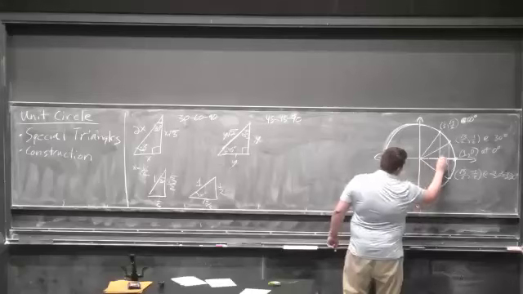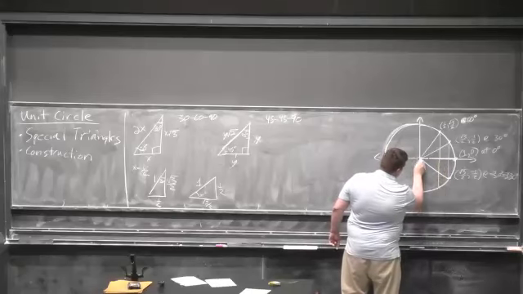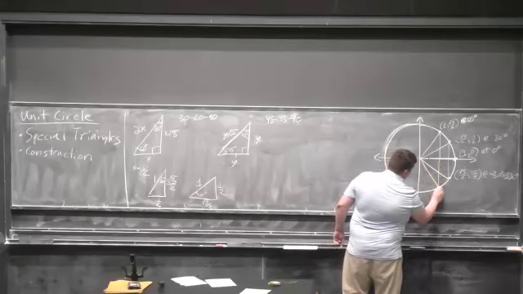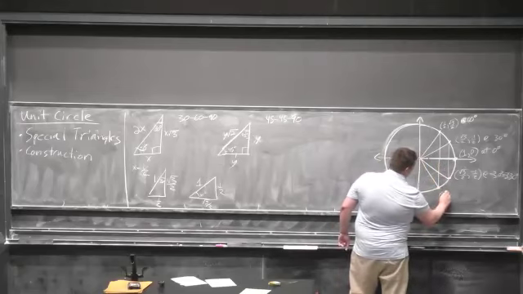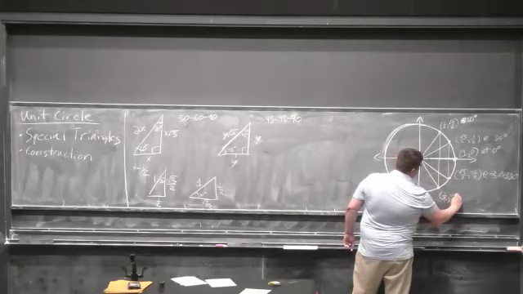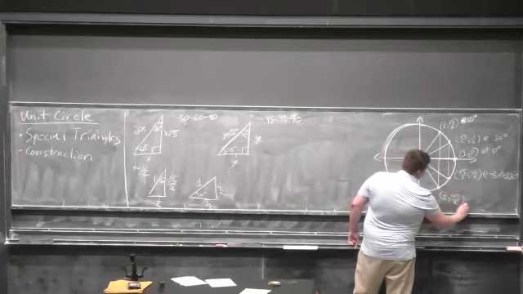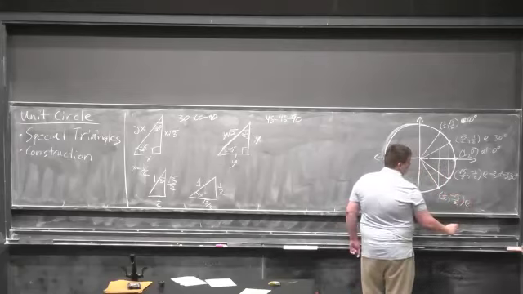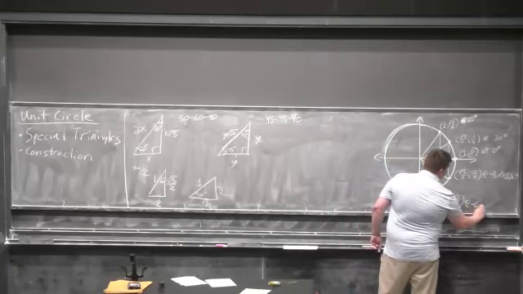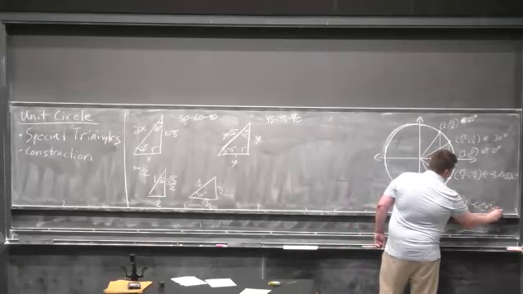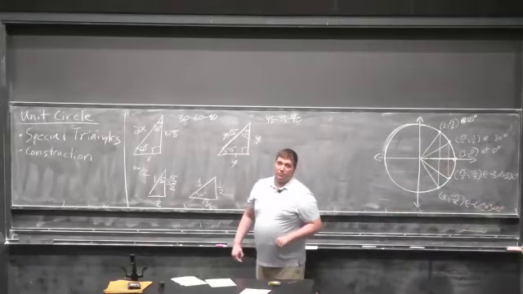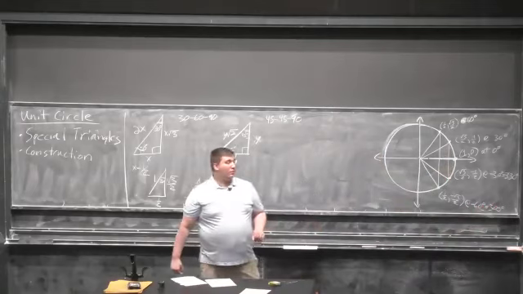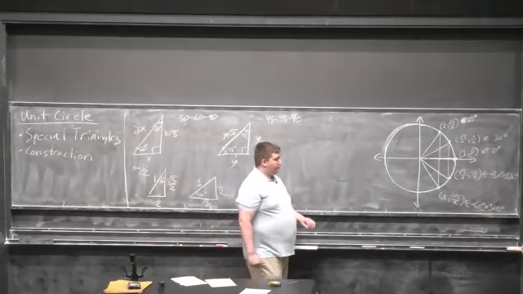Plop it down here, and we get another point here, and let's label this as (1/2, negative square root 3 over 2), and this is at negative 60 degrees, or that's equivalent to 300 degrees. I'll let you make the radians adjustment yourself.